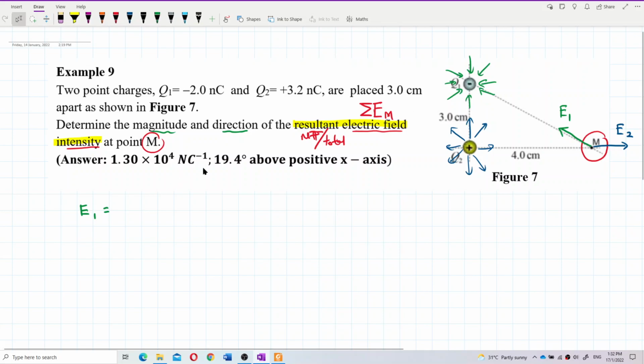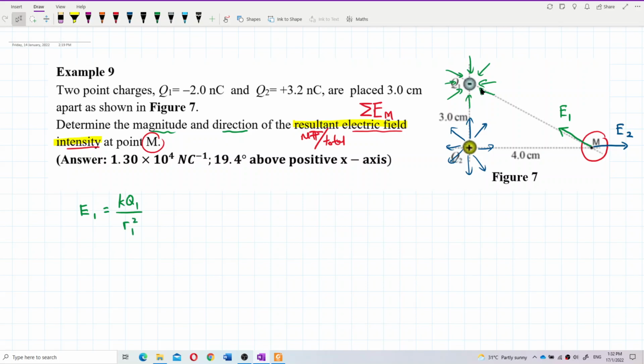It is not like electric force. Electric force depends on two charges, the point charge and the test charge. Here we don't have a test charge, we only have the point charge. So this is E1 equals kQ1 over r1 squared.